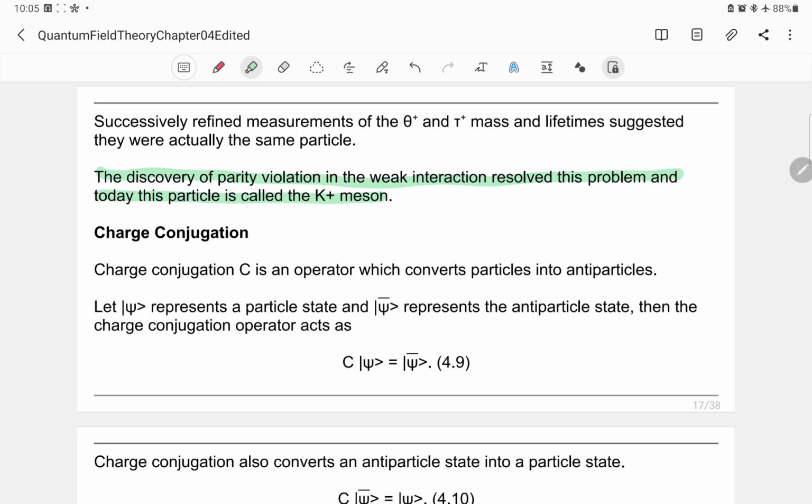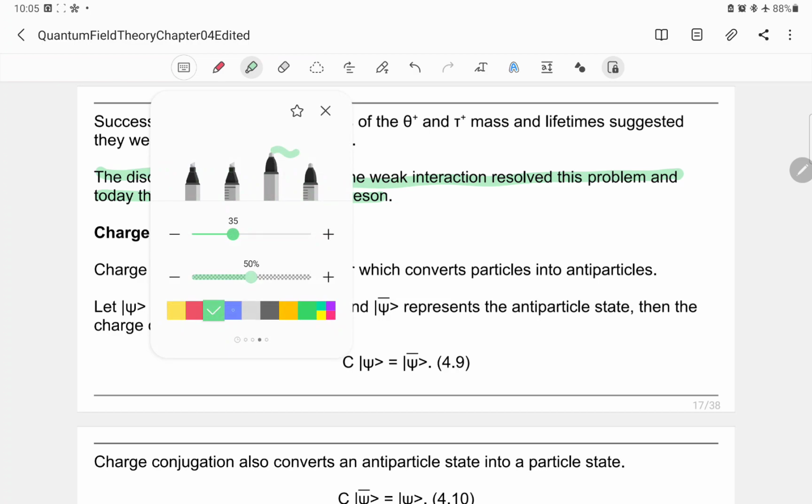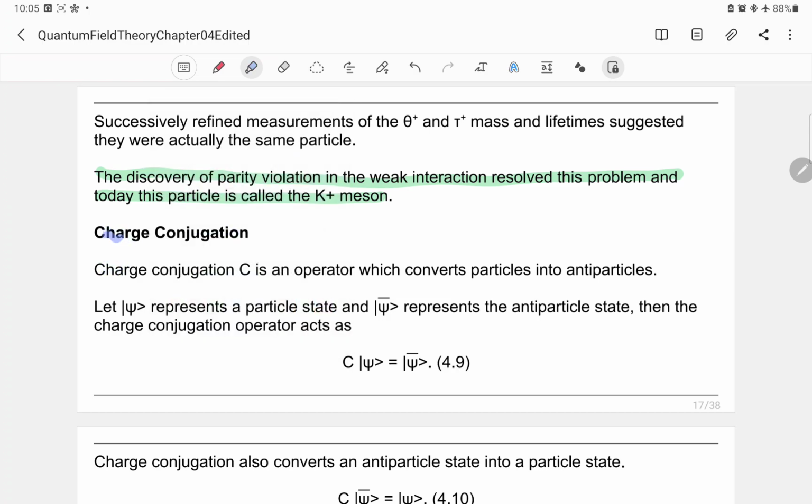Another discrete symmetry is what we call the charge conjugation. Charge conjugation, denoted by C, is an operator which converts particles into antiparticles. Let the state psi represent a particle state, and state psi bar represent an antiparticle state. Then the charge conjugation operator acts as this one here.